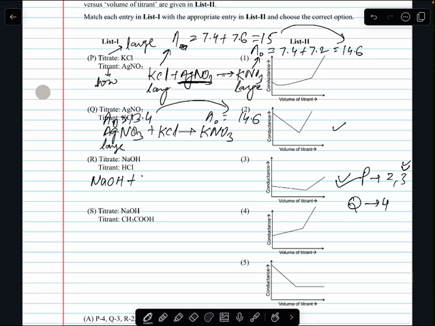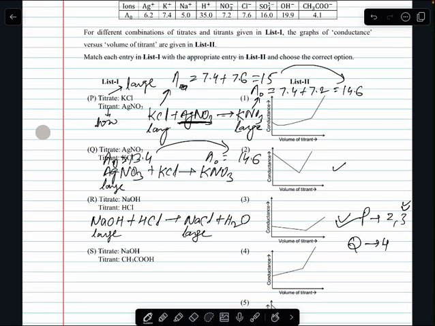NaOH plus HCl will form NaCl plus H2O. So NaOH is in large volume and NaCl will also be in large volume. The lambda naught for NaOH will be equal to Na it is 5 and OH it is 19.9, so 24.9.